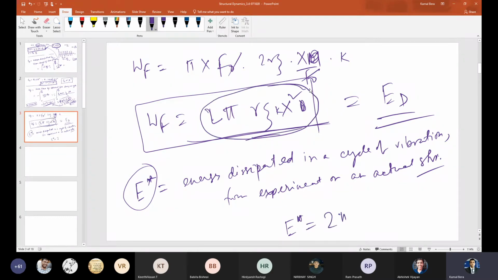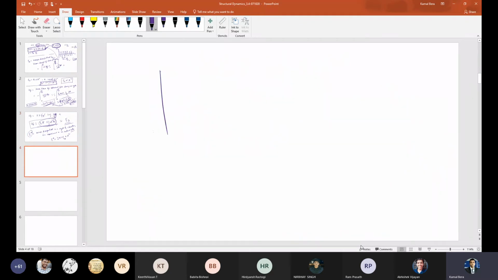The expression that we have got is 2 pi r zeta k x square. I will now define zeta as zeta equivalent. If I draw a figure here, this is my actual structure. It has some damping that I do not know, so I am converting it to a system with a spring, which I can find, but the damping I do not know.